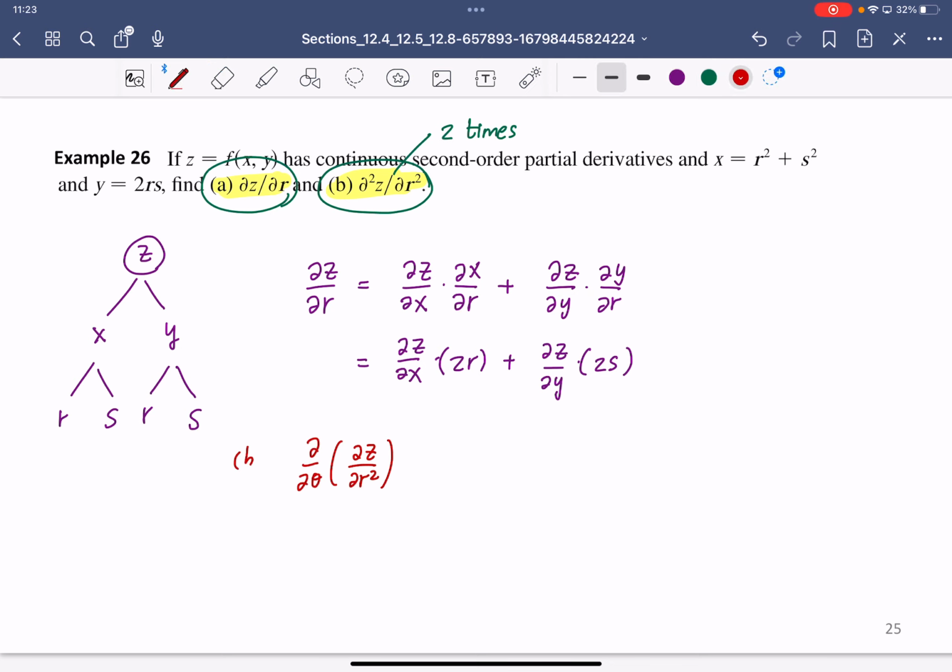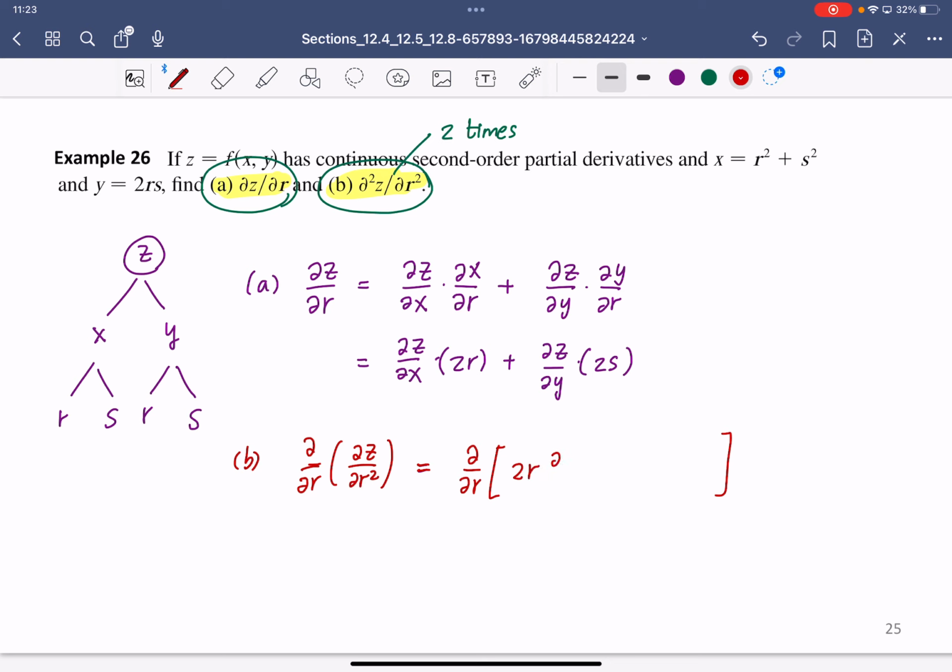So you differentiate one more time, with respect to r. I think you learned theta. Not r, not r, it's r, sorry. Okay, r. Now it's going to be differentiate this thing inside with respect to r.